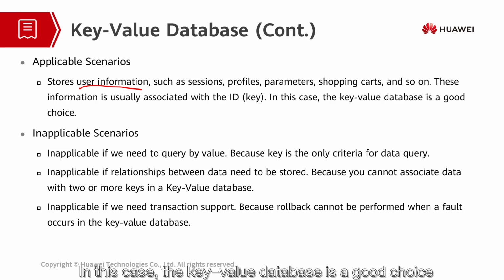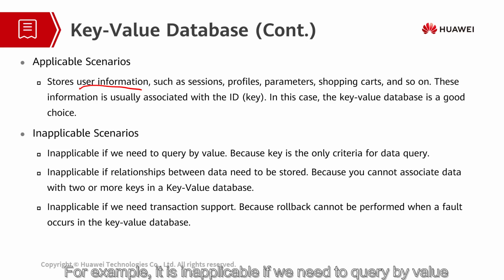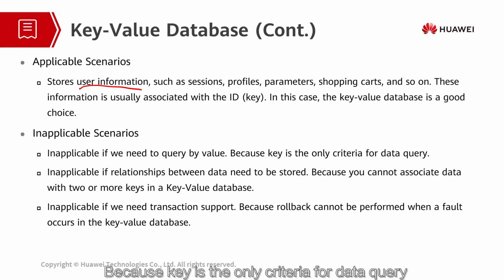In this case, the key value database is not a good choice. But key value databases have some inapplicable scenarios as well. For example, it is inapplicable if we need to query by value, because key is the only criteria for data query.